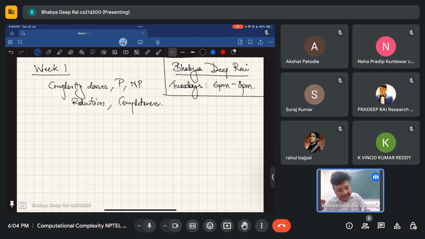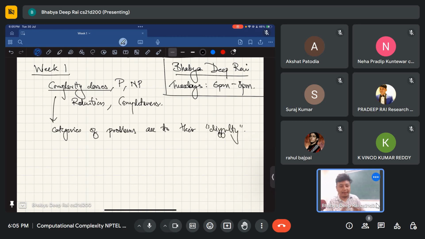Hence what you have are complexity classes. These are categories of computational problems according to their difficulty or hardness, loosely. Two such examples are, of course, P and NP, right?